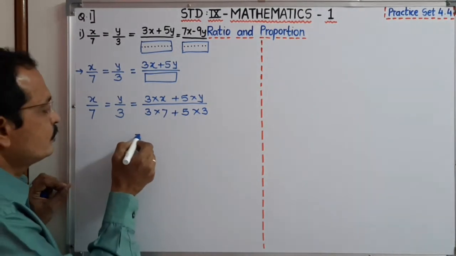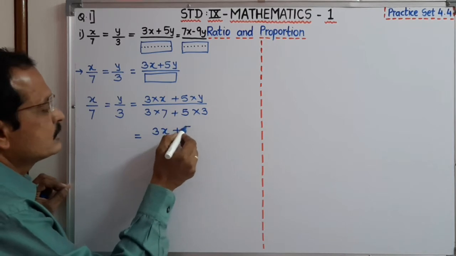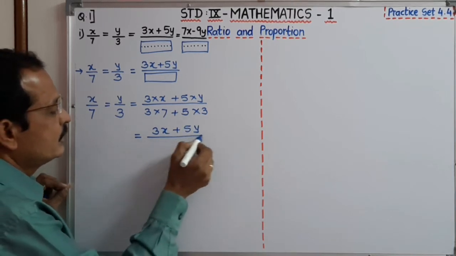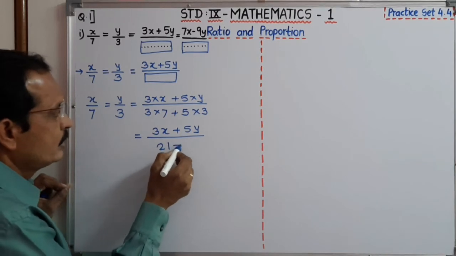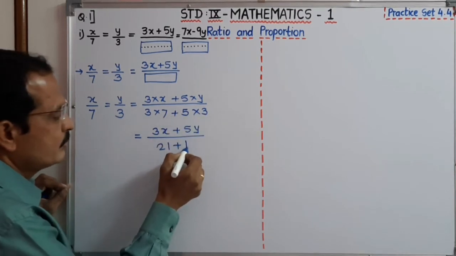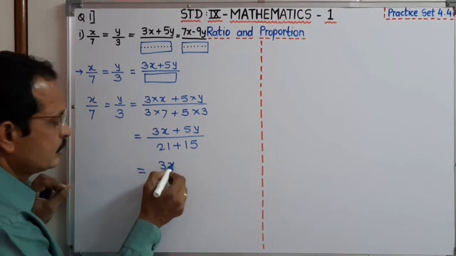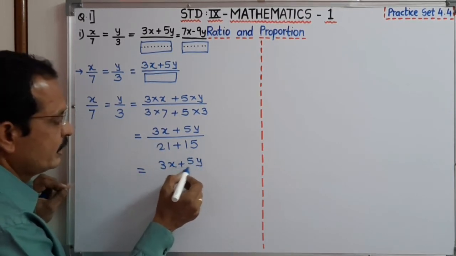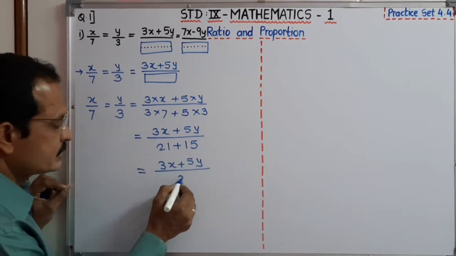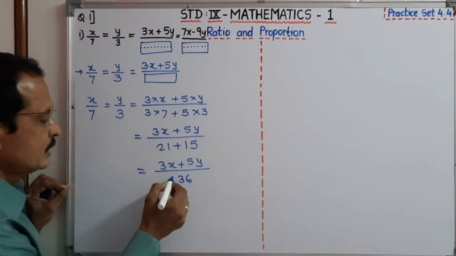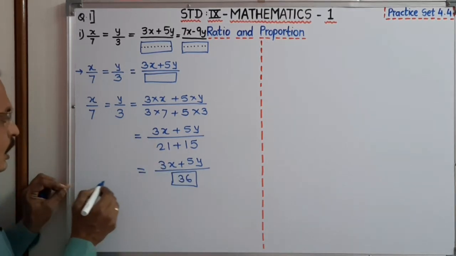Therefore, dear student, we got here 3 into x, it is 3x plus 5y. Then here it is 7 3s are 21 plus 5 3s are 15. Now, dear student, 3x plus 5y upon 21 plus 15, it is 36. Therefore, in this bracket there will be 36.